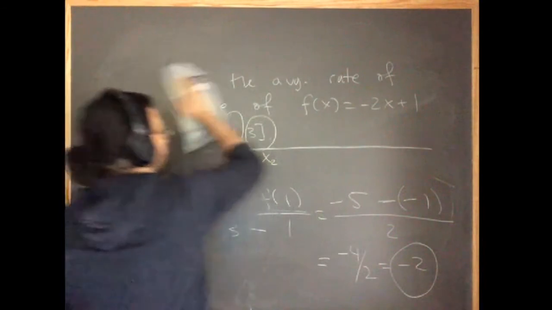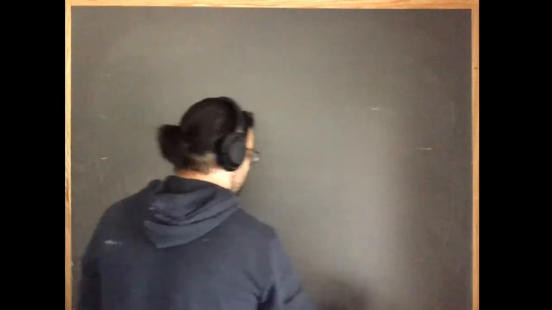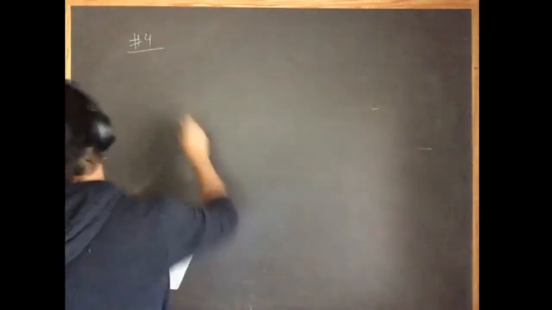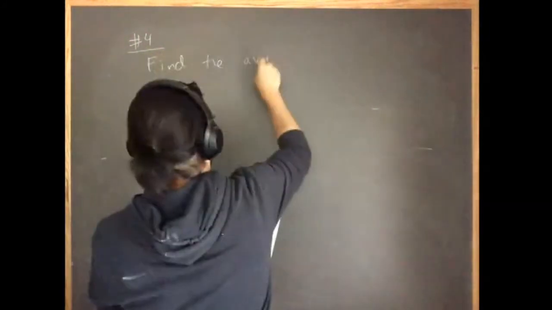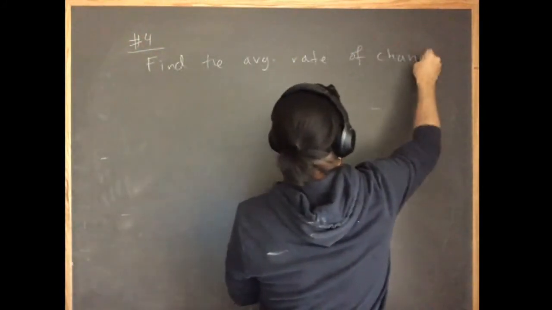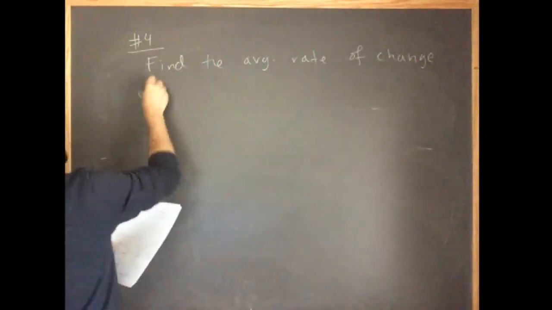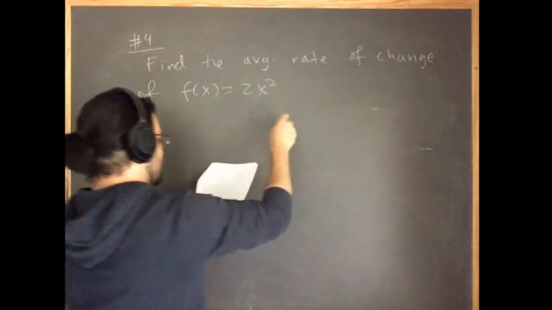This is going to be number 4. For number 4, we want to find the average rate of change of the function f of x is equal to 2x squared.